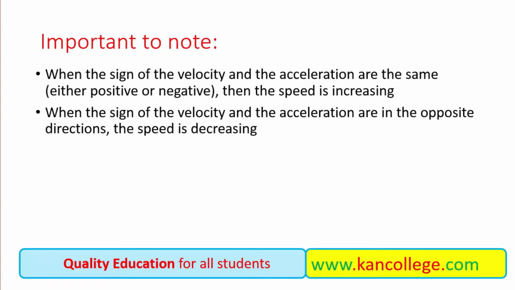It is important to note that when the signs of the velocity and the acceleration are the same, either positive or negative, then the speed is increasing. When the signs of the velocity and the acceleration are opposite, then the speed decreases.